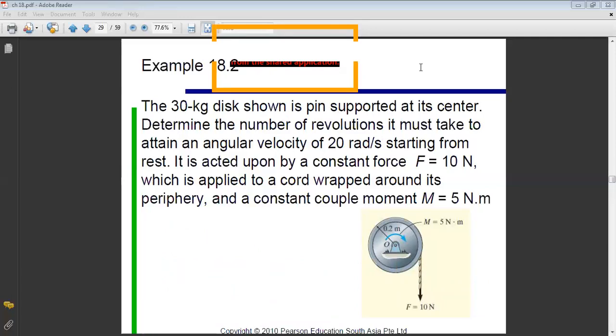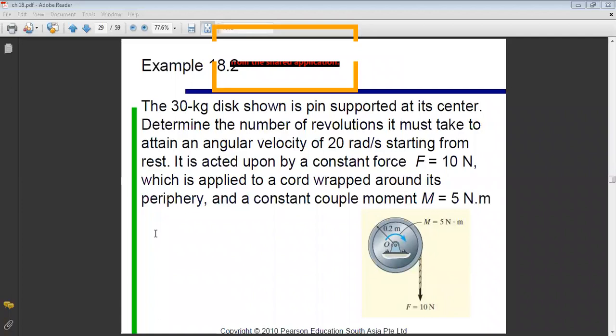When you want to find a certain angular velocity and relate it to the number of revolutions, you can find alpha, because if you know alpha, you integrate, you get the expression of velocity, and you integrate, you get the expression of theta. So the other method to solve this problem is to use chapter 17 and 16.